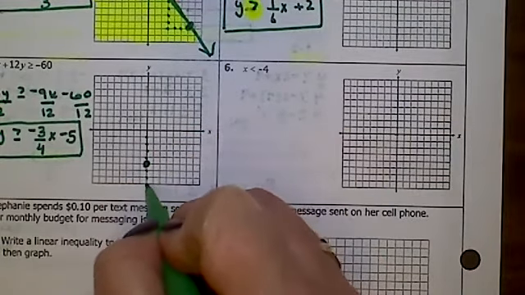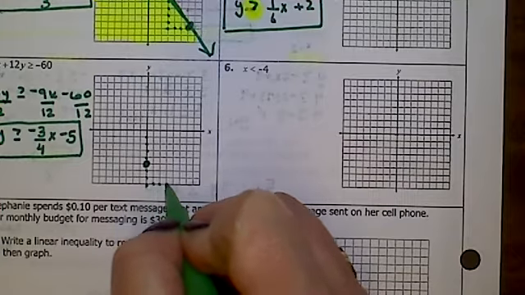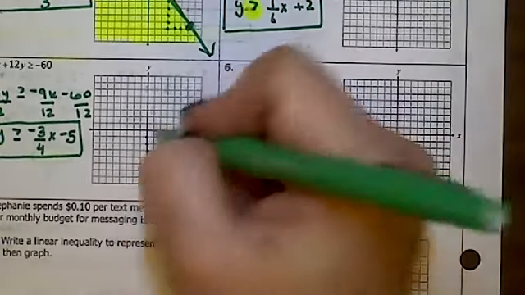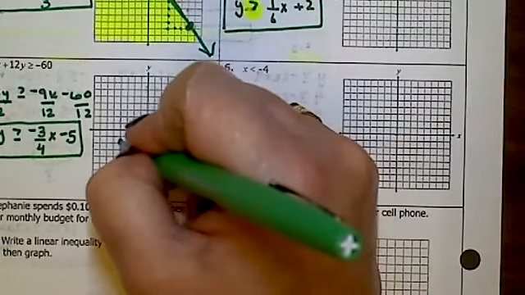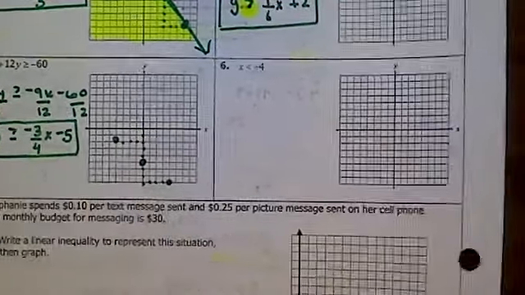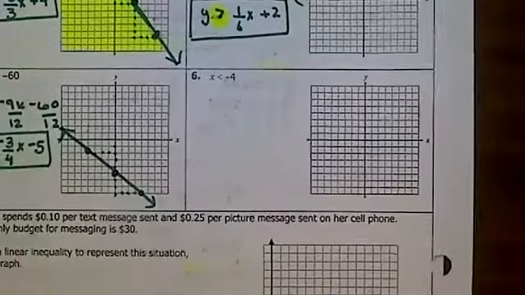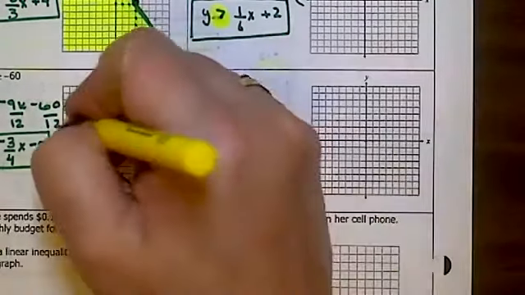Go down 3, right 4. Up 3, left 4. So this time we're going to have a solid line. And we're going to shade above.